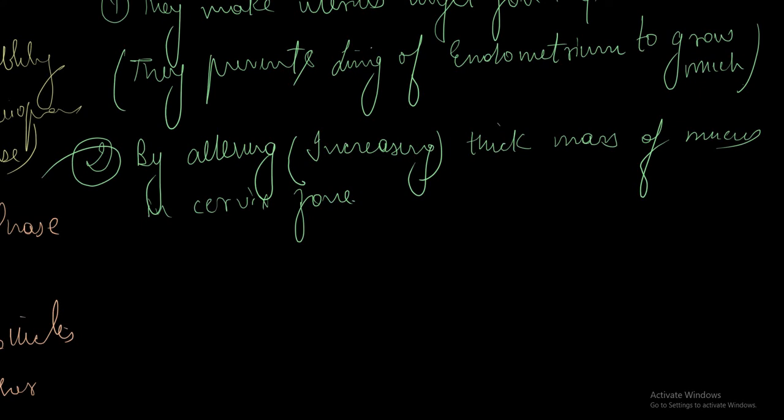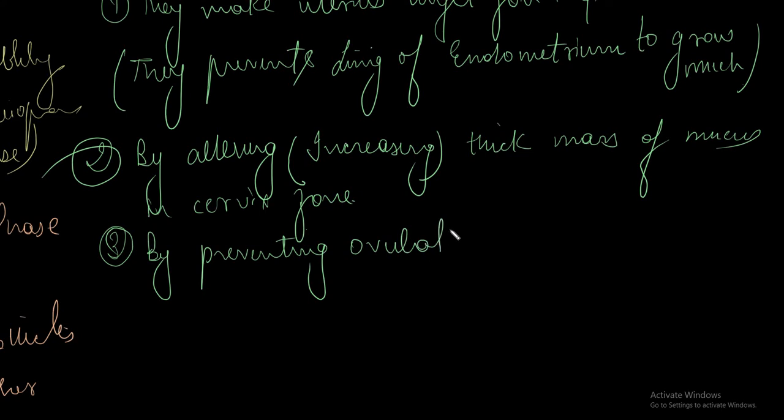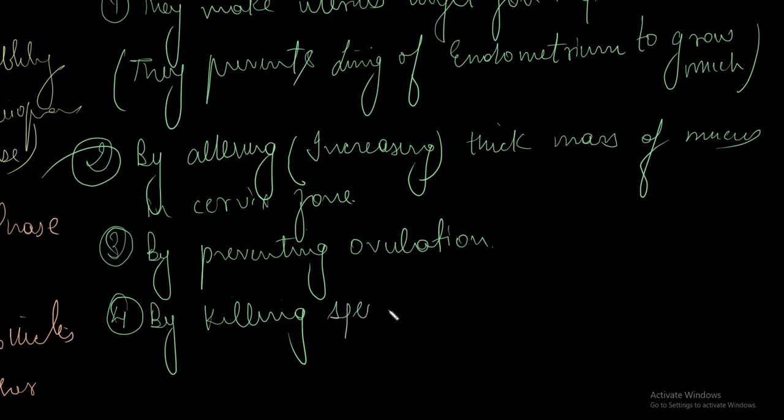Third is by preventing ovulation. I will discuss later how they prevent ovulation. Fourth is by killing sperms, or retarding movement of sperms.